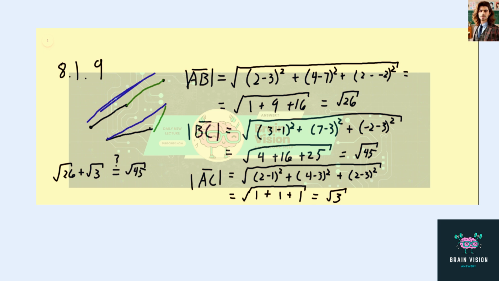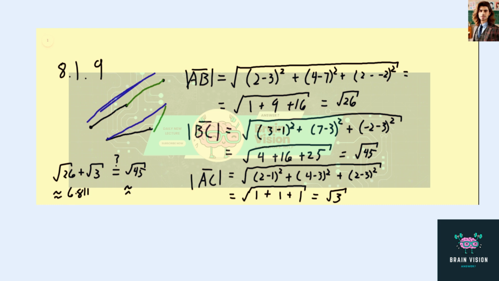We can use a calculator to verify this. Remember, root 26 plus root 3 does not equal root 29. So root 26 plus root 3, left-hand side, I got approximately 6.831.